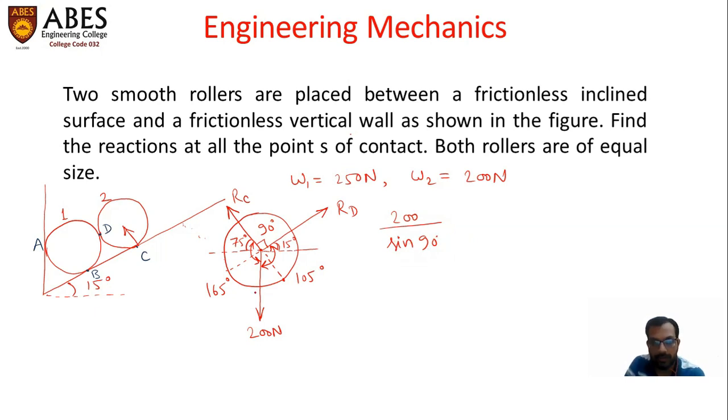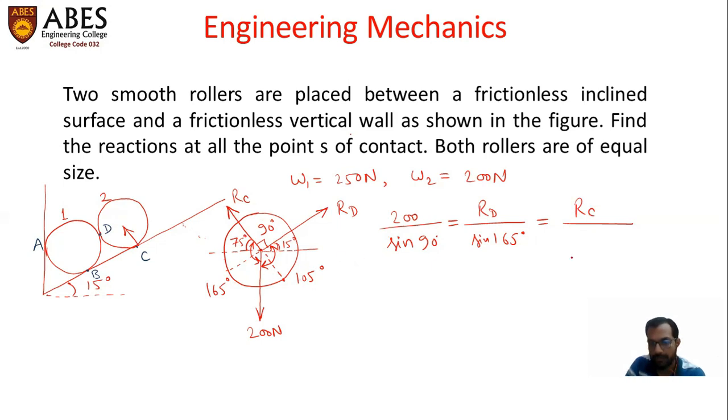So 200 upon sine 90 is equal to RD upon sine of the angle between the remaining two forces, RC and 200. This is 165. So sine 165 degrees is equal to RC upon sine of the angle between the remaining two forces, RD and 200.